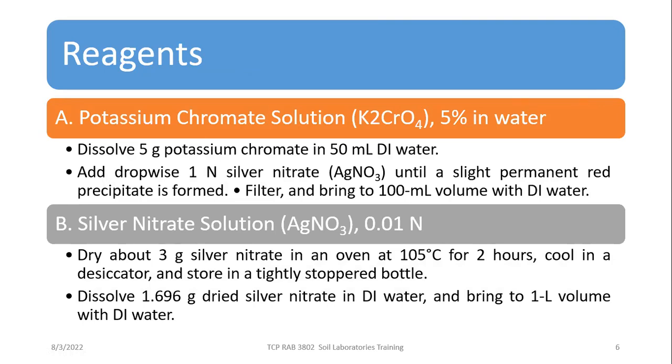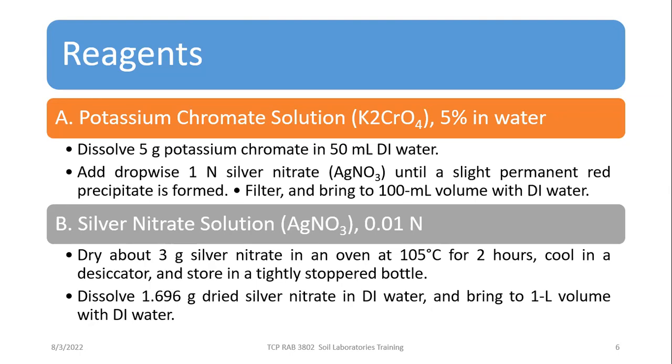Basically, potassium chromate solution and silver nitrate. Potassium chromate solution, 5% in water, can be prepared by dissolving 5 grams of potassium chromate in 50 ml distilled water, and adding dropwise, as indicator, 1 N silver nitrate until a slight permanent red precipitate is formed. Then you can filter and bring to 100 ml volume with distilled water.